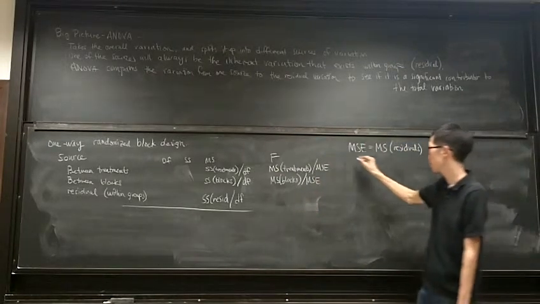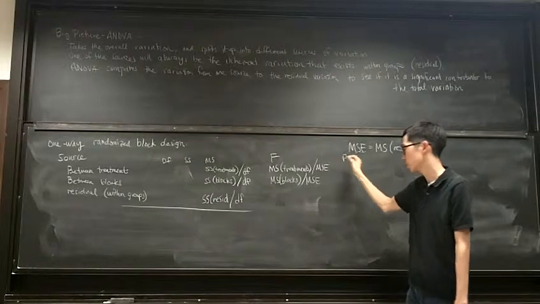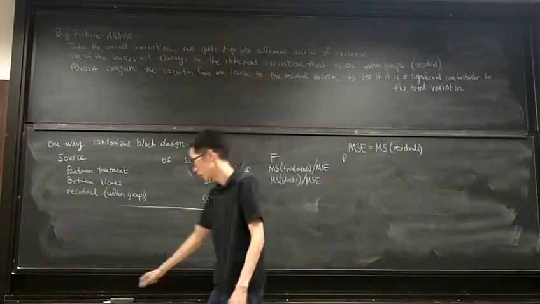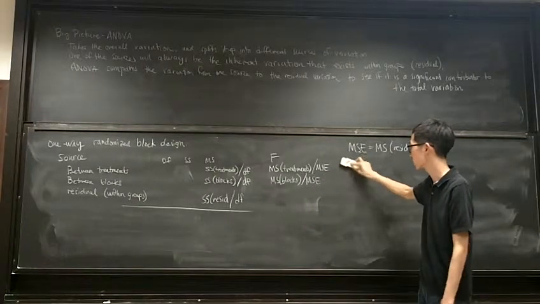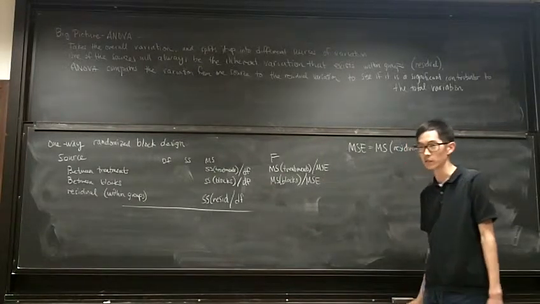Okay, and then you'll have two different p-values. You'll get a p-value for this F statistic and a p-value for this F statistic. Every time you calculate an F statistic.